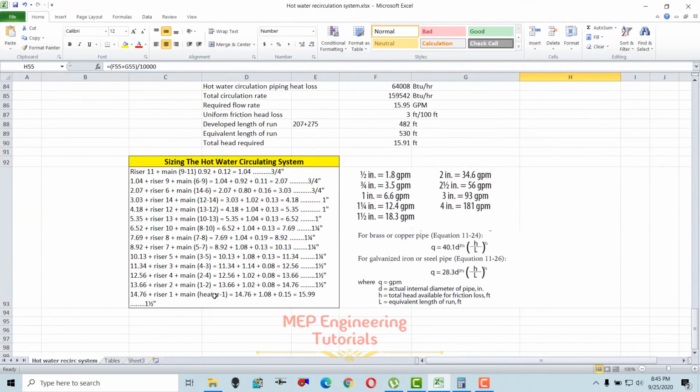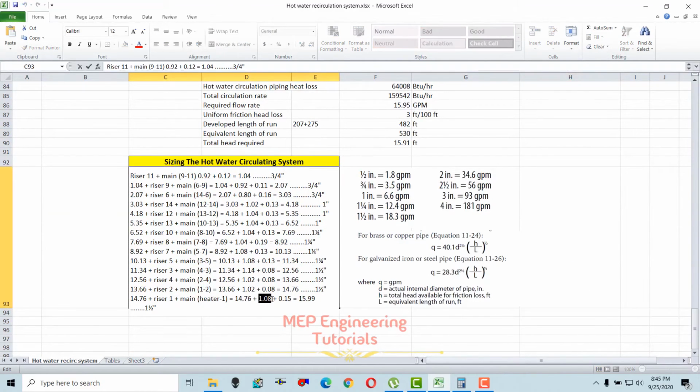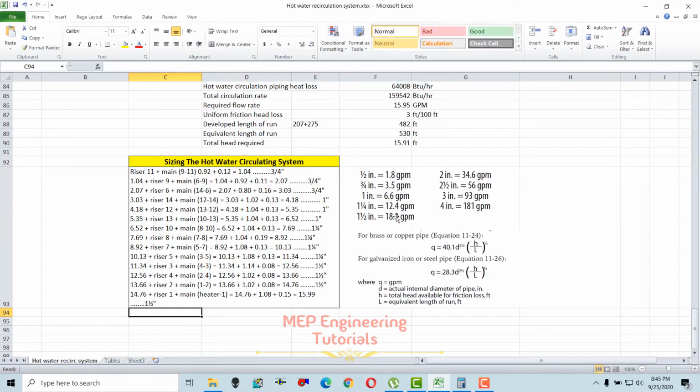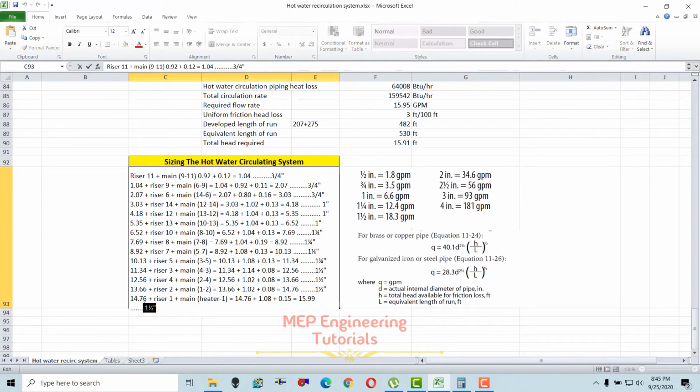So 1.08 for riser 1 and 0.15 is for main to the heater, and 14.6 is the previous GPM which we have calculated. So adding all these values, you will get 15.99 GPM total. So 15.99 GPM is less than 18.3 and greater than 12.4. So that means we can use 1.5 inch pipe size in here for that pipe segment.